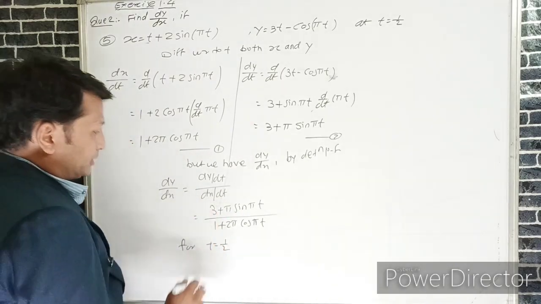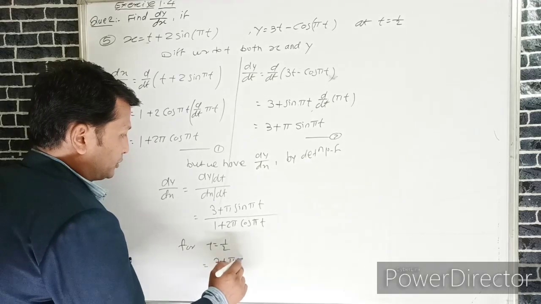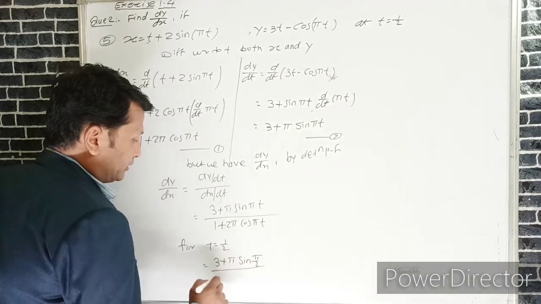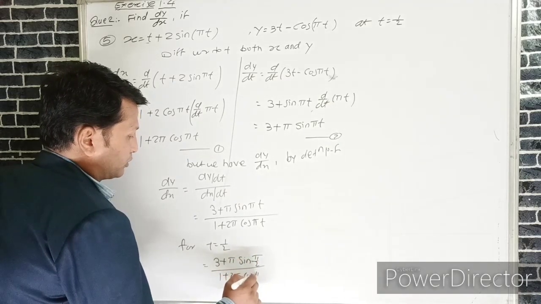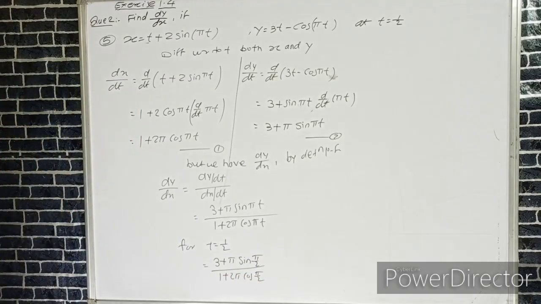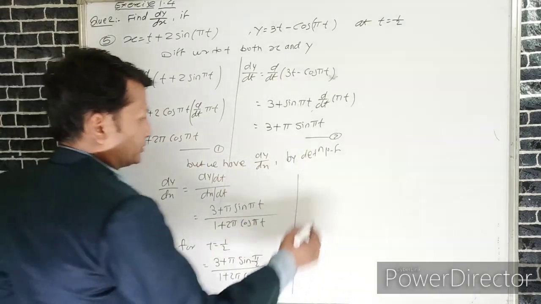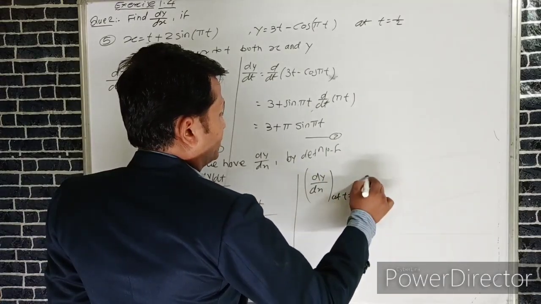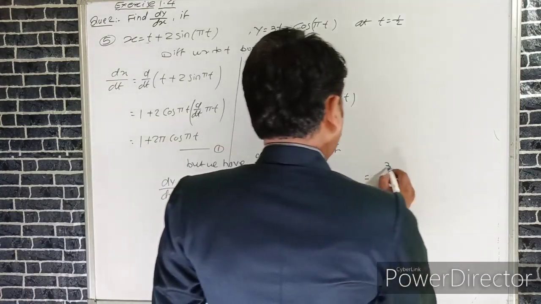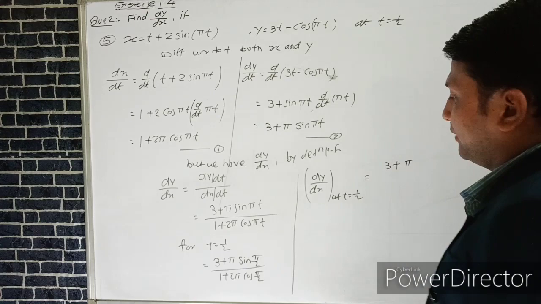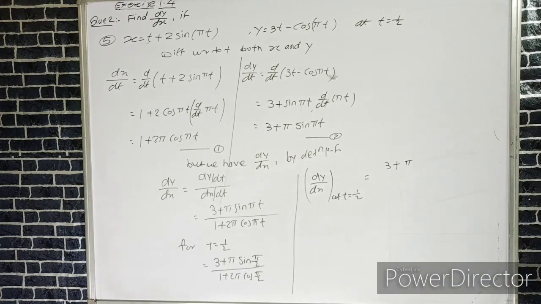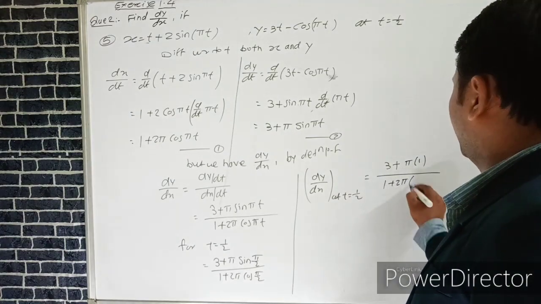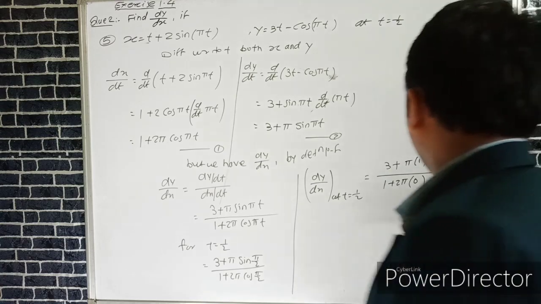If we substitute the value t equals 1 by 2, we get 3 plus pi into sine of pi by 2 upon 1 plus 2 pi into cos of pi by 2. So dy upon dx at t equals 1 by 2 is 3 plus pi into the value of sine pi by 2, which is 1, upon 1 plus 2 pi into the value of cos of pi by 2, which is 0.